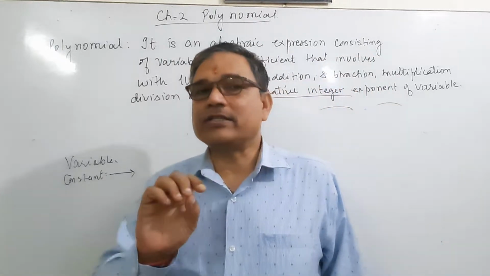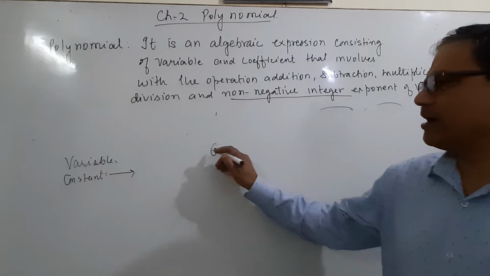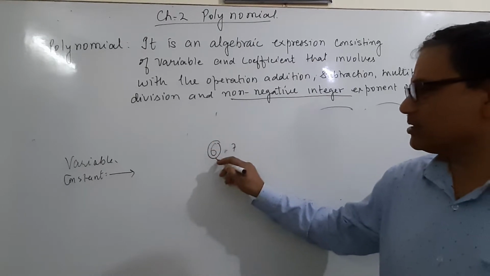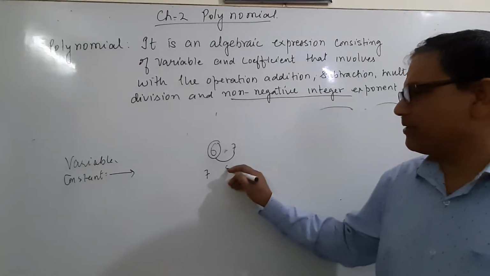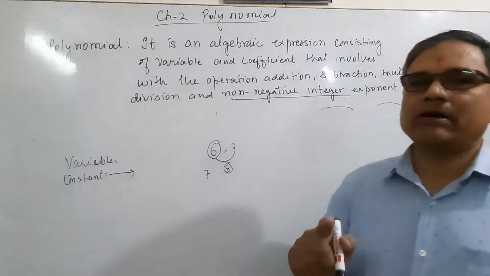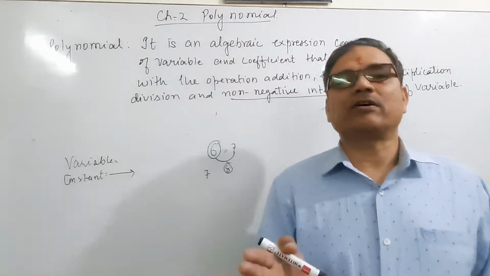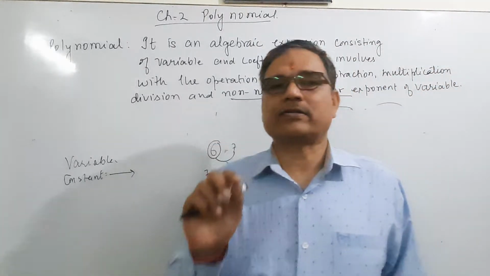We can not say 5 or 6. We never say this 6 is equal to 7. We never say this 7 is equal to 8. 7 means 7, 8 means 8, 6 means 6. We can't change the value of 6, 7, 8, which is always fixed.